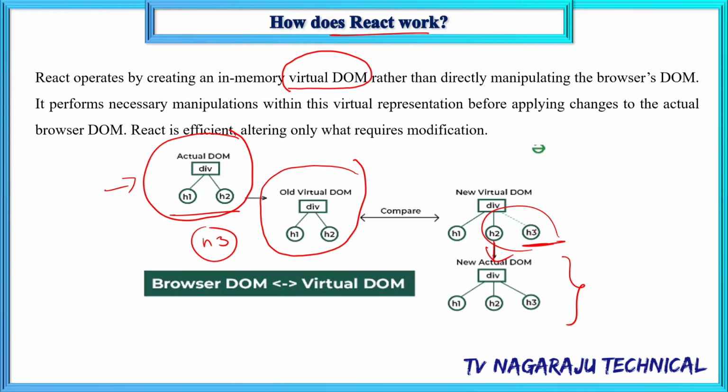Suppose H3 is added, and next time I want to add H4. Directly for this one, you can add. No need to update the original. Clear? Before applying changes to the actual browser DOM, we are doing changes to the virtual DOM. Obviously, re-rendering reduces, that is, the performance is increased. This is how React works.